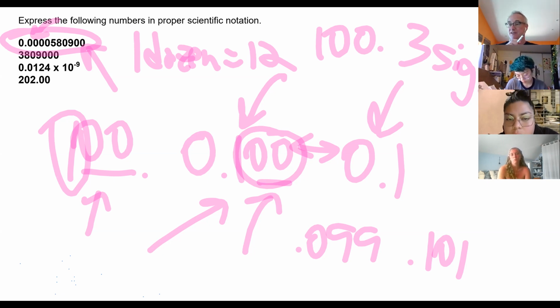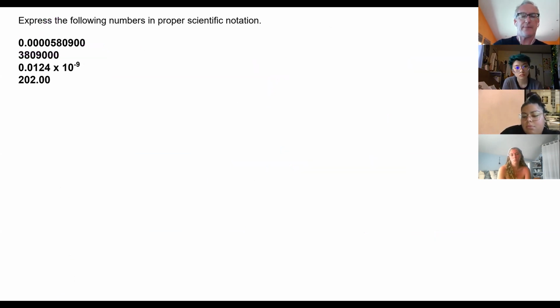It's precisely 12. And so it's 12 with an infinite number of significant digits, because we're counting now. We're not estimating. We're not measuring that it's approximately 12 or 12 plus or minus 1. No, it's exactly 12.